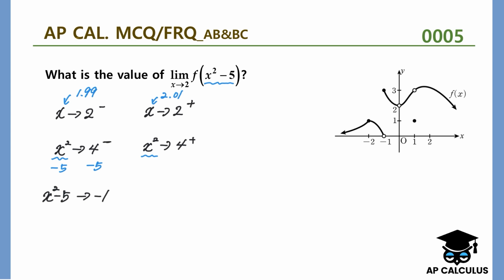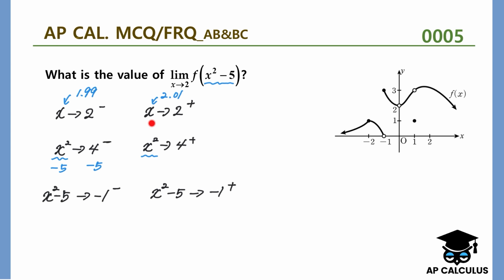So x squared minus 5 approaches negative 1 from left hand side. As x approaches 2 from left hand side, x squared minus 5 approaches negative 1 from left hand side.